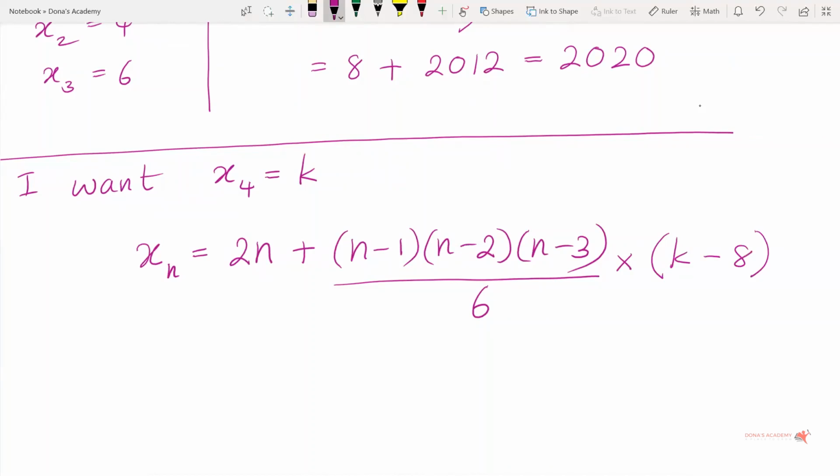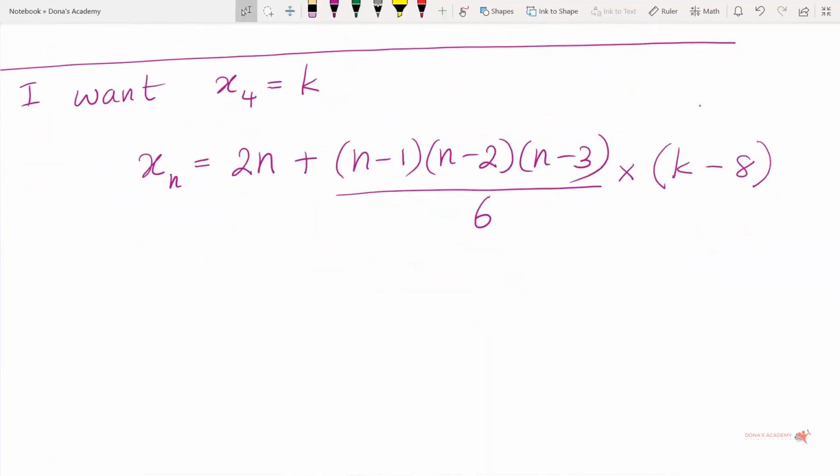All right. Okay, now let's check. I'm not going to calculate x1, x2, x3. It is obvious that they are still 2, 4, 6. I will calculate x4 and check whether it is giving you K. I get 8. You get 6 on the top and bottom. 6 is coming from this constant. And then K minus 8. What is happening?